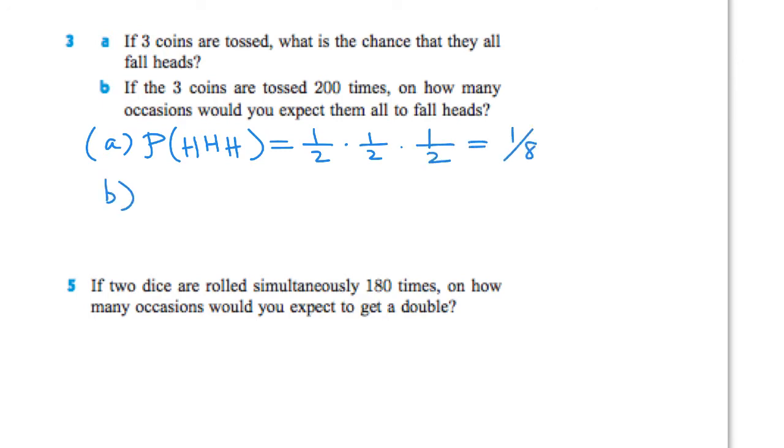Now part B, if we do this 3 coin toss 200 times, how often would we expect to get 3 heads? If we go with the E equals np idea, a chance process is done 200 times. An eighth of the time, we should get all 3 landing on heads, so it would be 25 times.